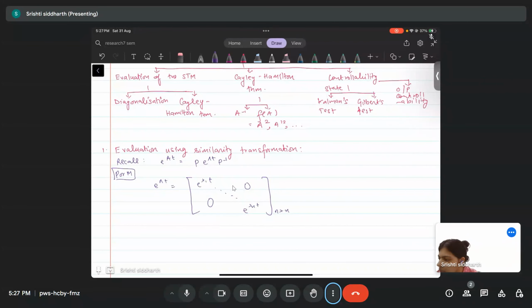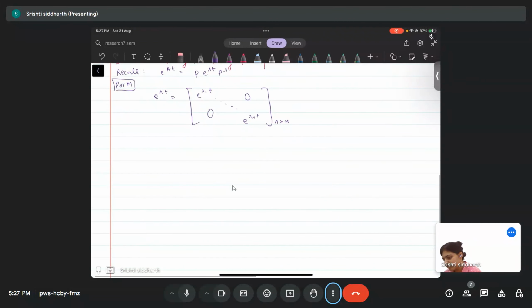Okay, so let's see. Consider the system x dot equals [0, 1; minus 2, minus 3] x and an initial condition [0, 1].